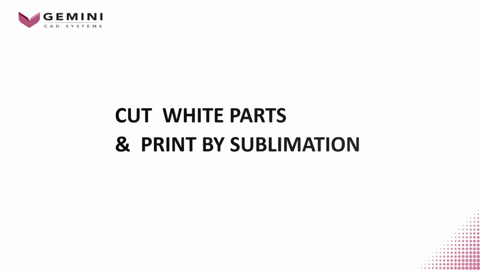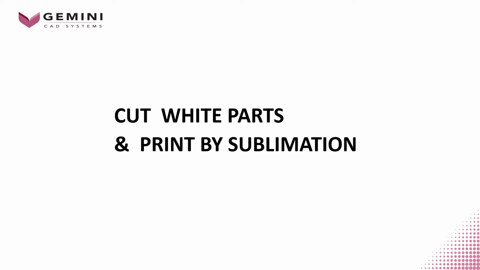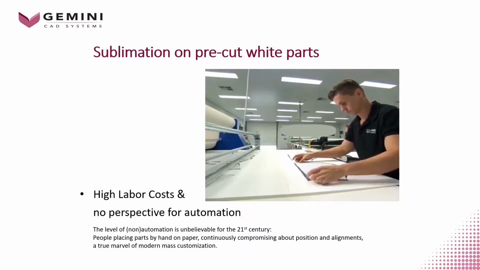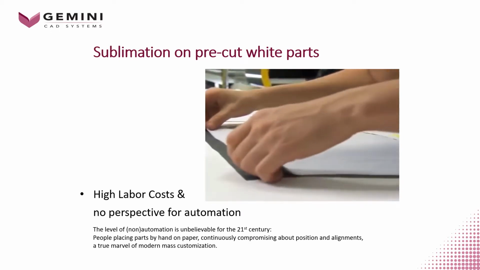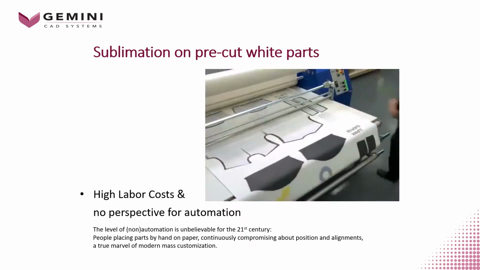There are 2 ways of doing this. The way they do it now, in 99% of the situations, is to cut white parts and to apply the artwork by dye sublimation. And you'll be surprised to hear that, for example, in sportswear, and this is a multi-billion euro industry only in Europe, this is how 10 out of 10 biggest European producers of sportswear produce their entire volume.